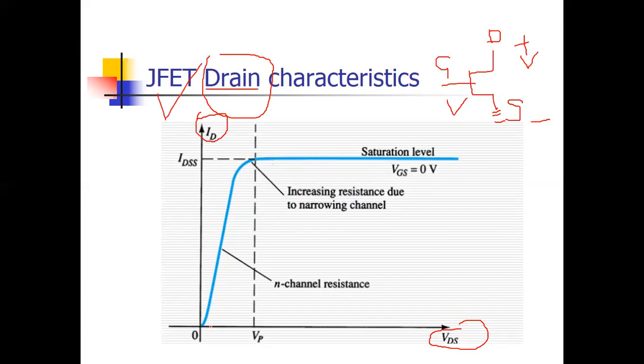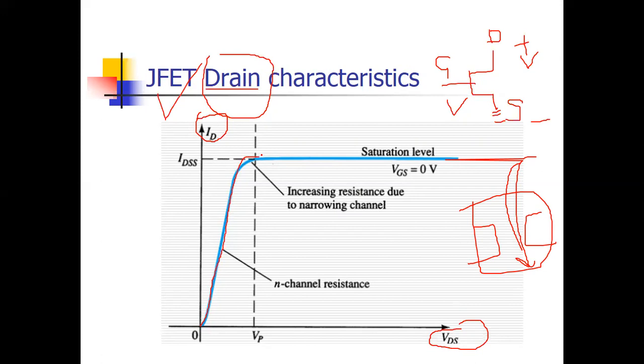So what happened? If you remember the working in the starting, if you remember this diagram, in the starting a channel was there, electrons start to move and current starts to flow, and the current follows Ohm's law. Means when we increase the voltage, current will increase.